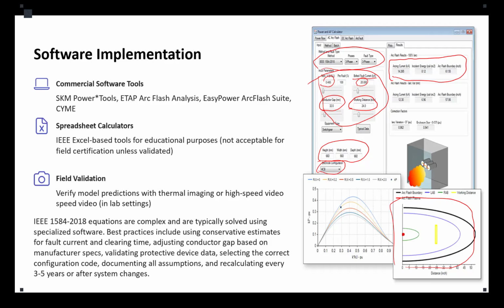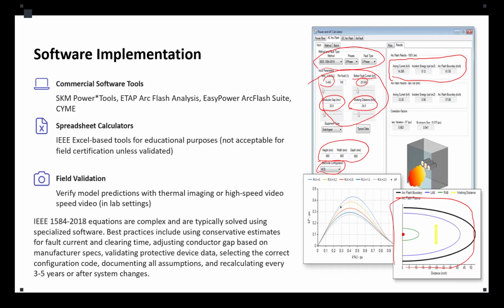But pay attention: even though the software handles the math, you are responsible for the validity of the input and the results. The IEEE recommends use of conservative values when we talk about the fault current and clearing time. You have to validate manufacturer data for the conductors, gaps, and the breakers.